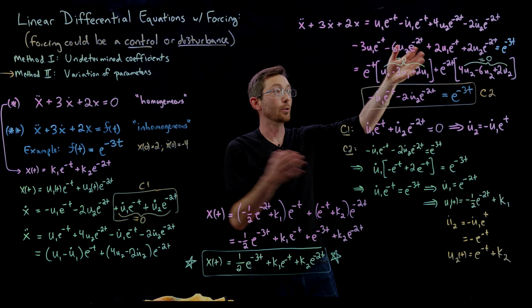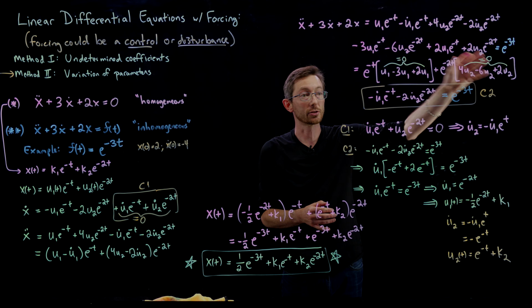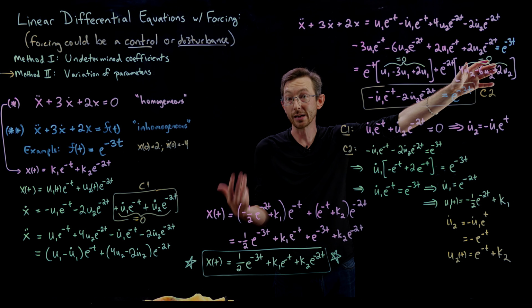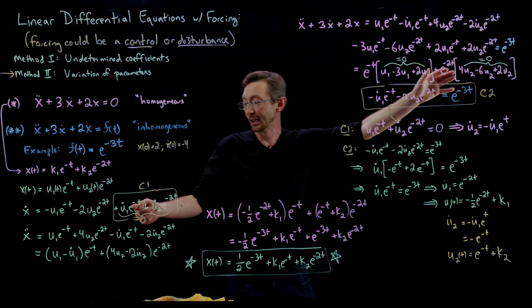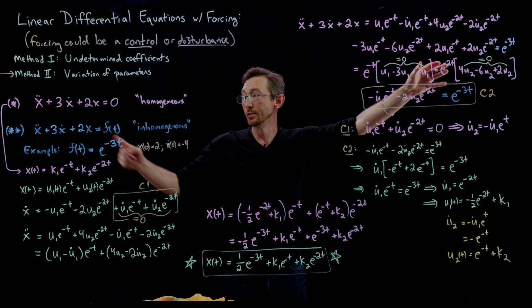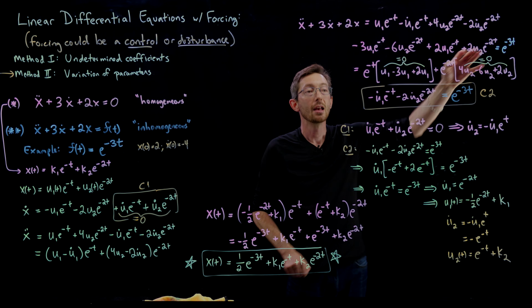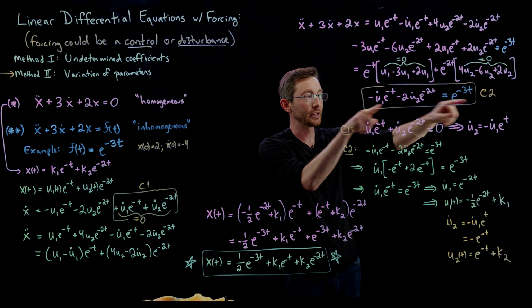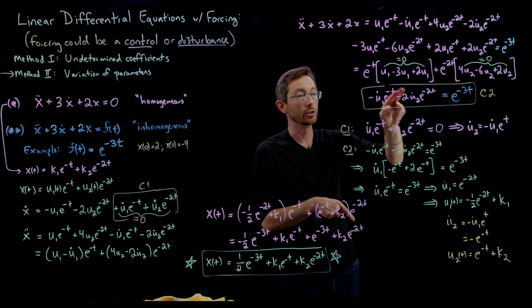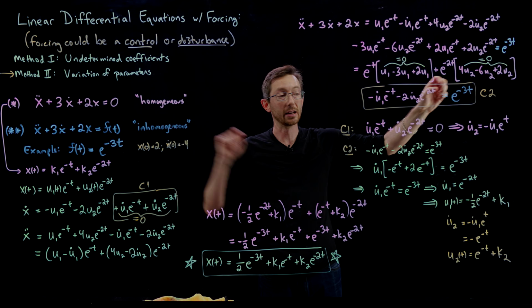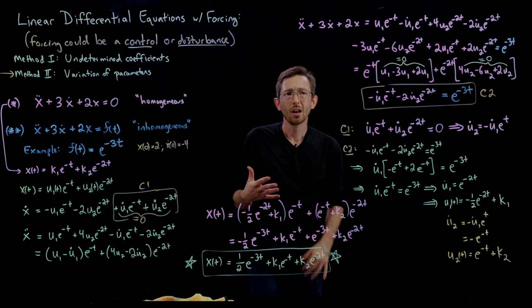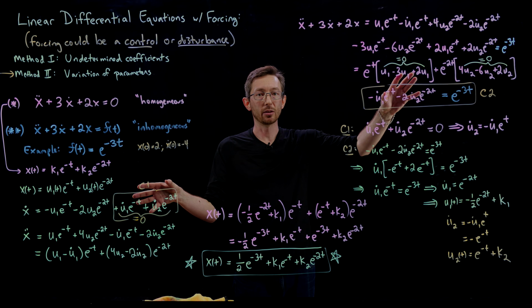But we find that when we collect them, large amounts of those terms add up to equal 0. And this is generically going to be true, again, because e to the minus t and e to the minus 2t were solutions of our base homogeneous equation. So these go to 0. And now we get a relatively simple differential equation in terms of u1 and u2 and our forcing term e to the minus 3t. So at this point, we're like 80% of the way there.